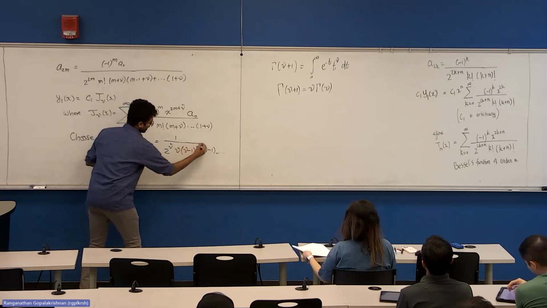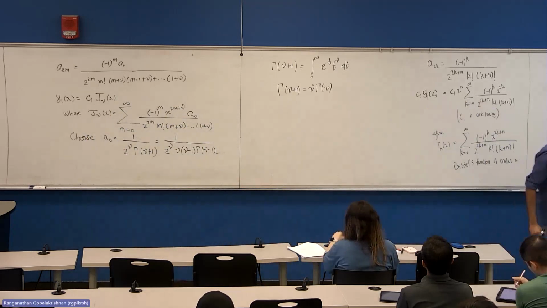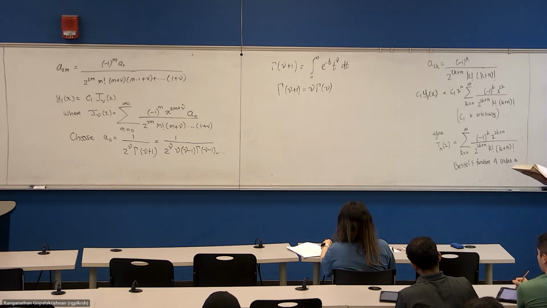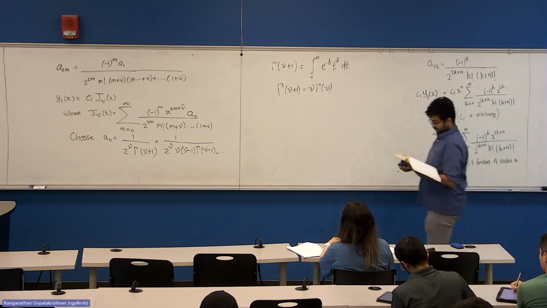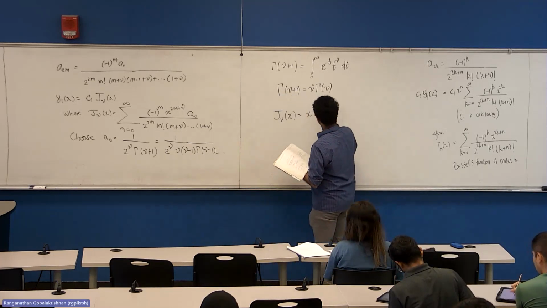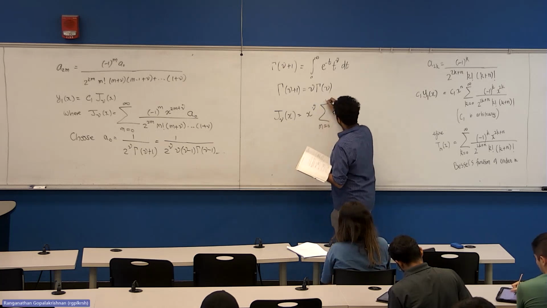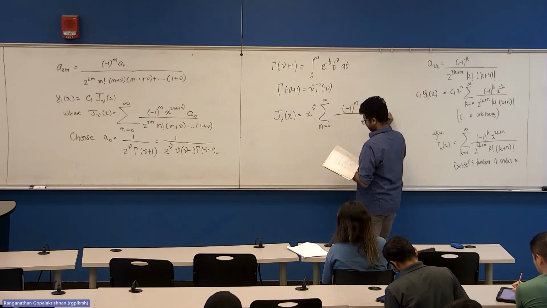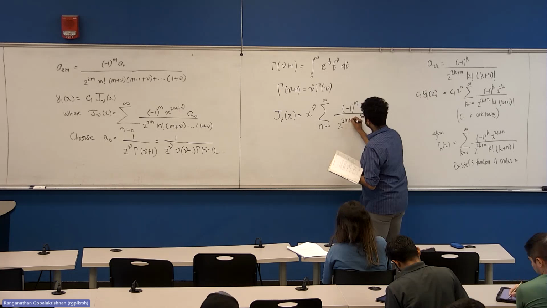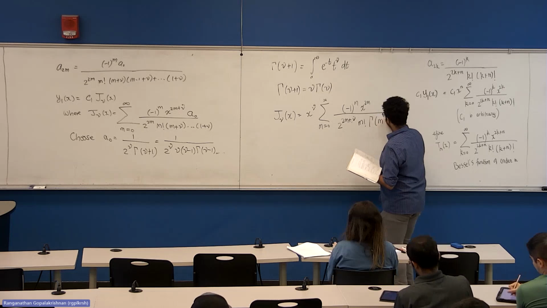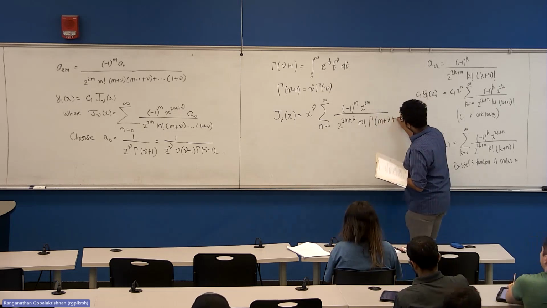You can do this process infinitely, and what you'll end up with is writing J nu of x equal to x to the power nu, summation m equals 0 to infinity, minus 1 to the power m, x to the power 2m over 2 to the power 2m plus nu, times m factorial times the gamma function at m plus nu plus 1.